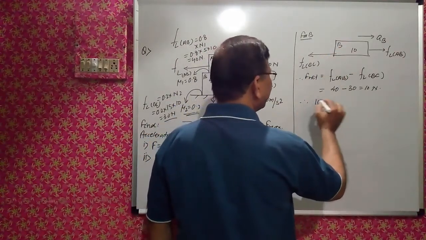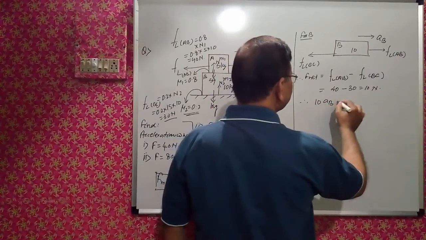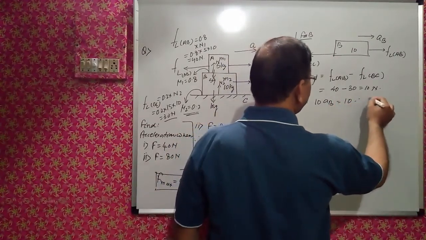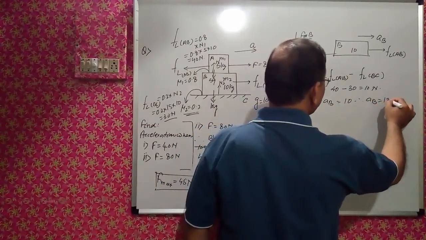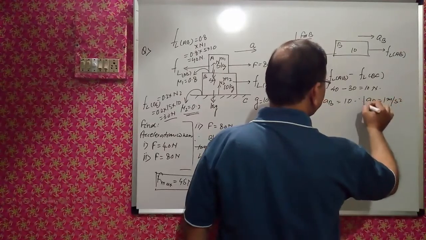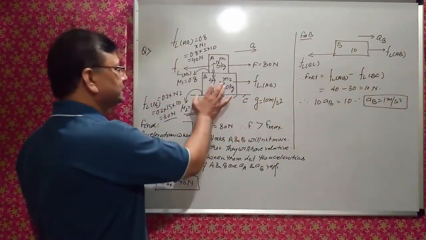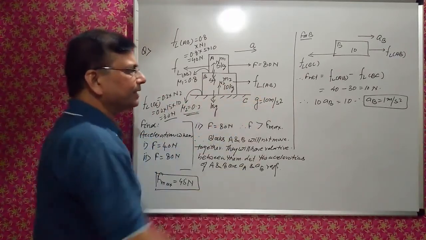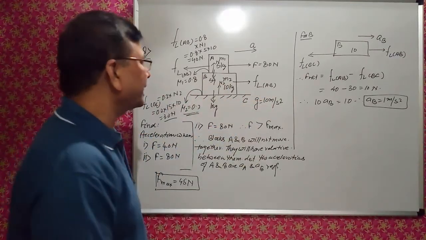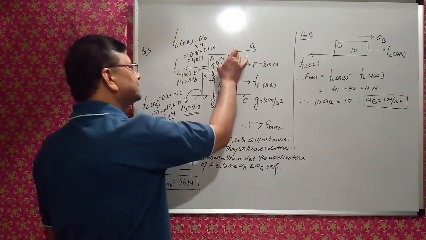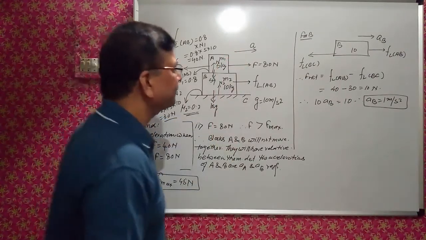Therefore, 10 AB is equal to 10. Therefore, AB is equal to 1 meter per second square. Acceleration of B we got. This will be moving with 1 meter per second square, and now we will talk about the acceleration of A.